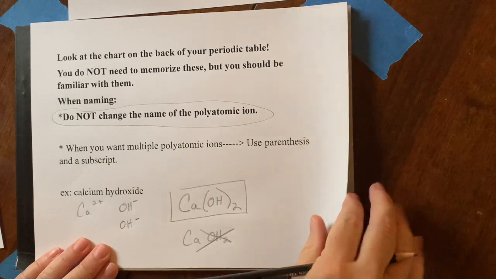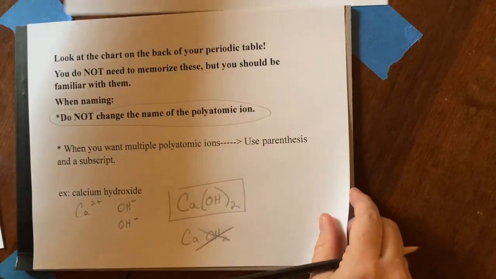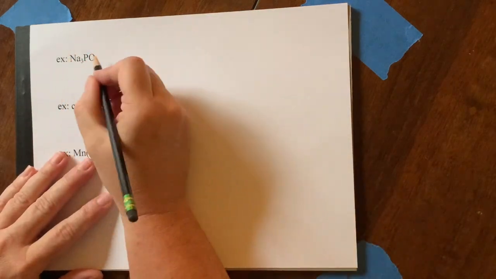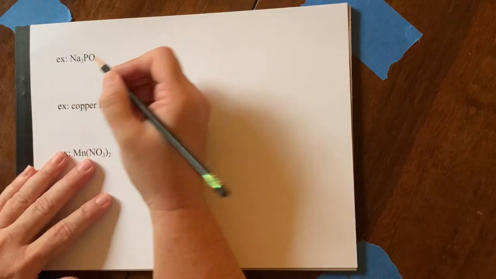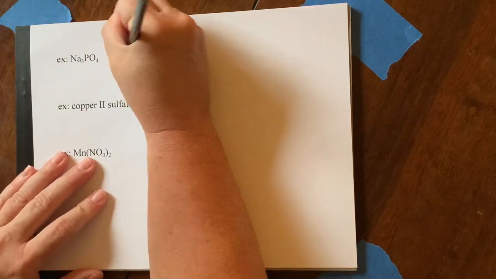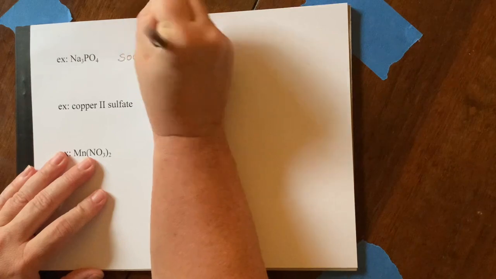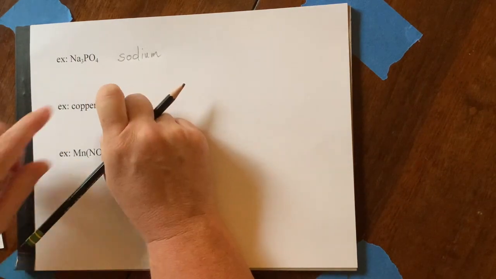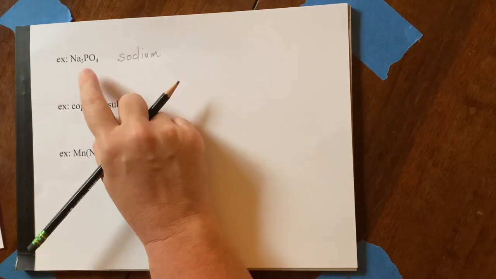Okay. All right, so let's take a look at a couple more examples from your notes. All right, great. So here we go. I have Na3PO4, so this means I need to write the name for it. Well, Na is sodium, we know that. I see automatically that there are more than 2 elements here, so I'm gonna look on my polyatomic ion sheet and find PO4.